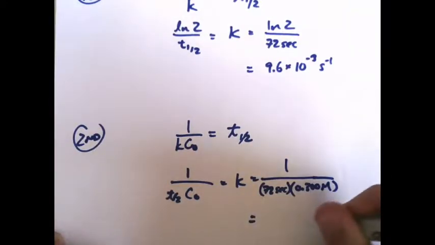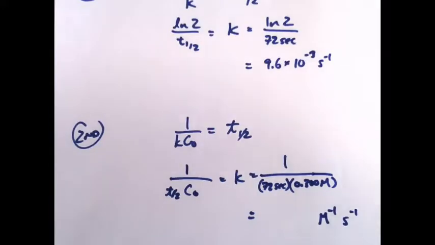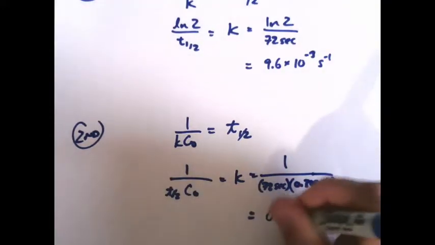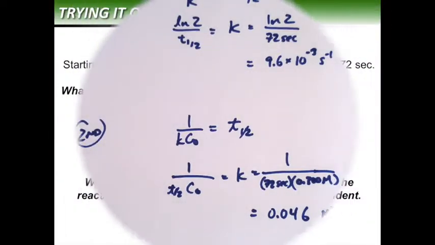And so you'll see again, we're going to wind up with molar to the minus 1, second to the minus 1 units, and the number we come out with is going to be 0.046. And so depending on how this particular reaction behaves, we're going to have one of these as our K value. But we've got to figure out which one that is, and so luckily the problem has one little bit of assistance for us on that front.